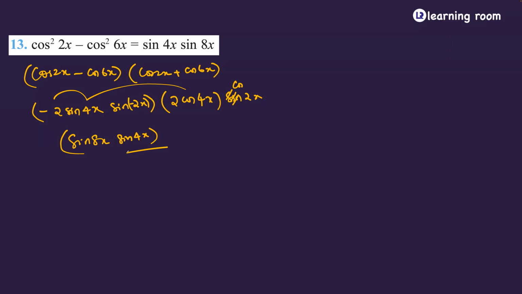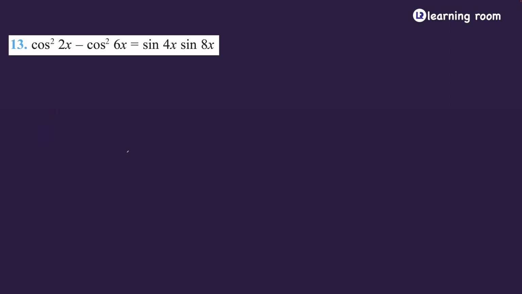See, I'll explain. Listen. A square minus b square. So you can write this as cos 2x minus cos 6x into cos 2x plus cos 6x. So cos c minus cos d is going to be minus 2 sine of, listen to this, c plus d by 2. So 2 plus 6 by 2 is 4x.